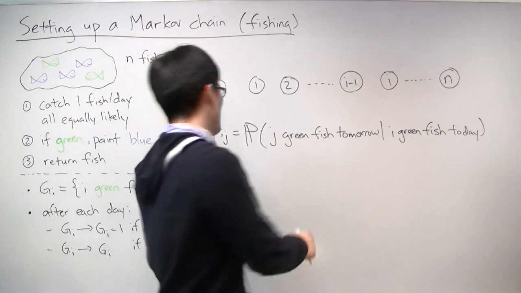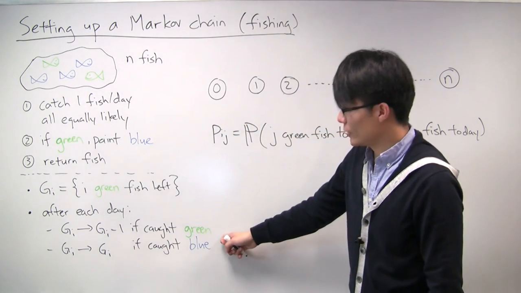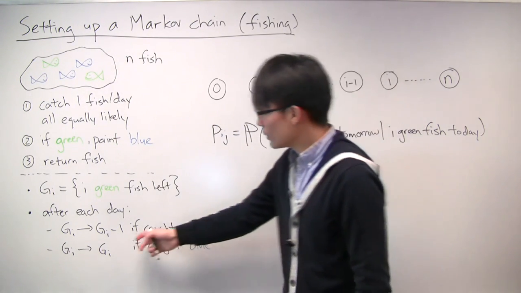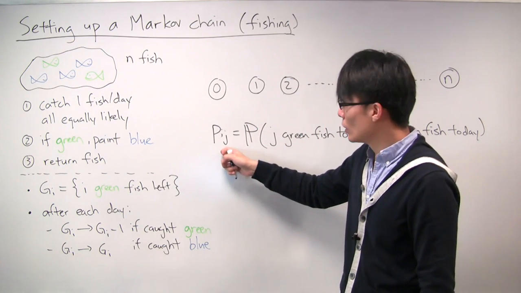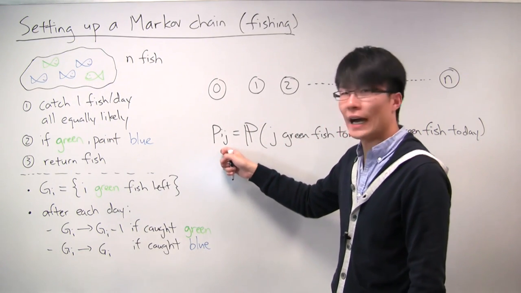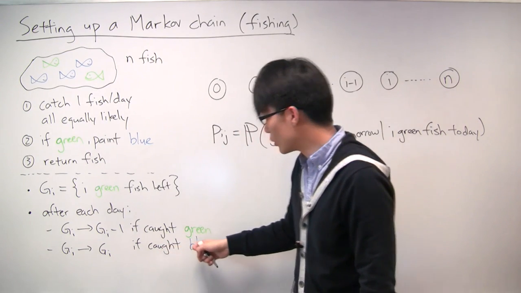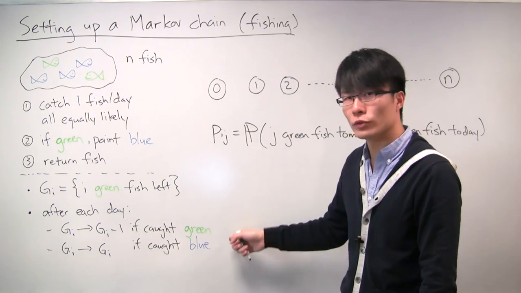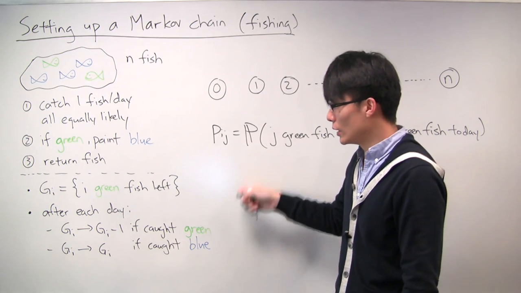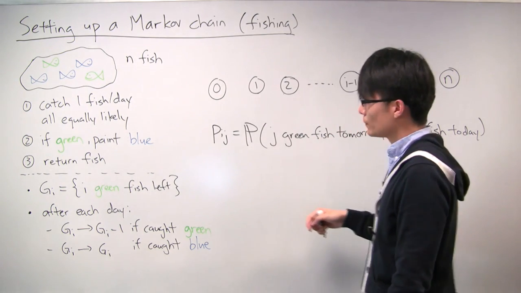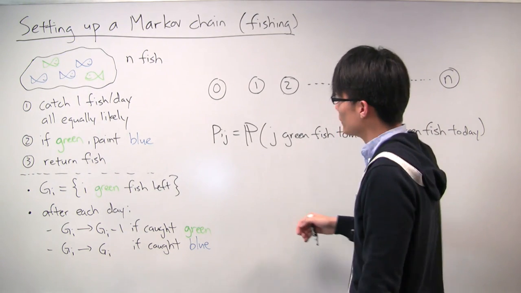Now, if we go back to our earlier argument, we see that for any given i, you can only transition to 2 possible j's. One of them is you stay at i, because the number of green fish doesn't change since you caught a blue fish. And the other is that you go from i to i minus 1. The number of green fish decreases by 1.